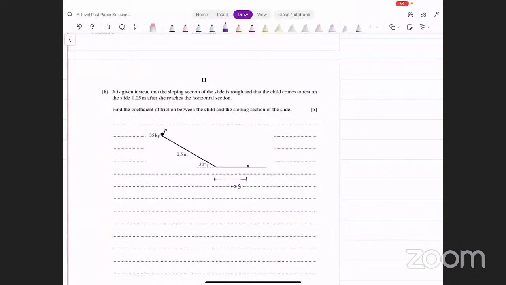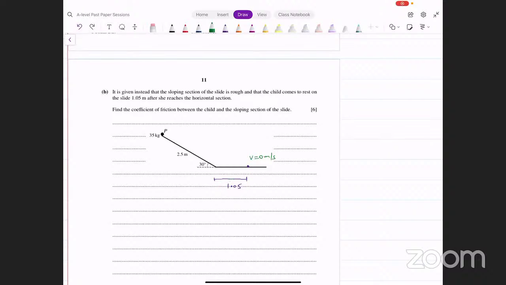What we've got to do is find the coefficient of friction between the child and the sloping section. What we can do is go in the reverse direction. Let's look at the horizontal section first and use it. We know the final velocity here will be 0 meters per second in the horizontal part. We also know the distance traveled.